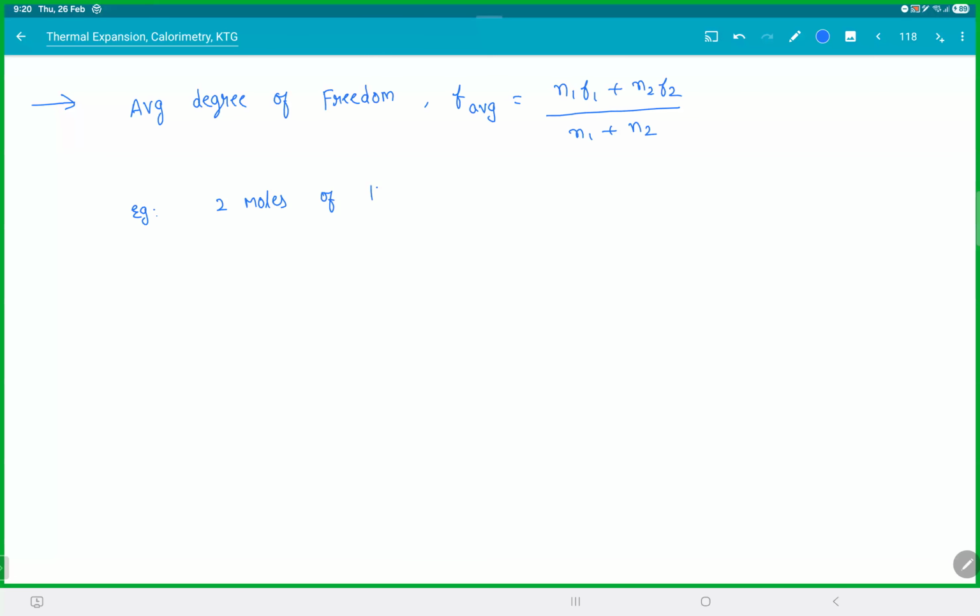Example, if you have 2 moles of helium, 3 moles of hydrogen. If they don't mention anything, take low temperature. They are mixed. We have F average, helium is 3, hydrogen is 5 by 2 plus 3. That is 6 plus 15, 21 by 5.